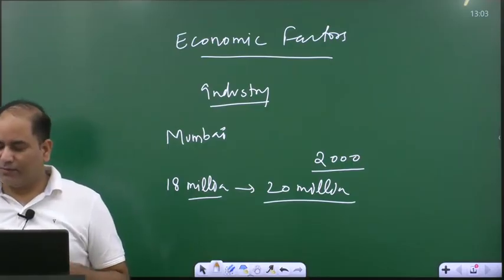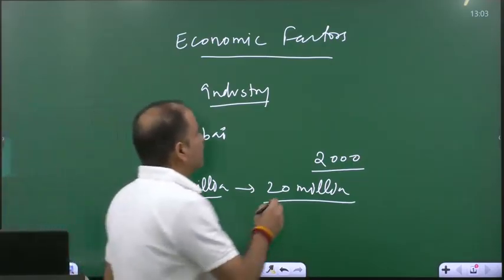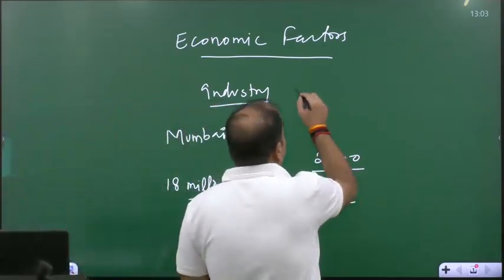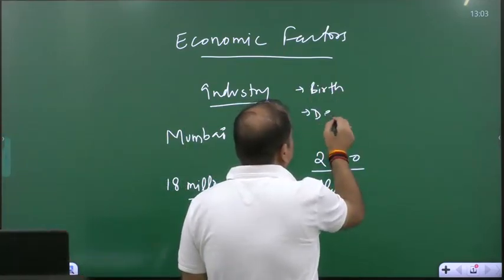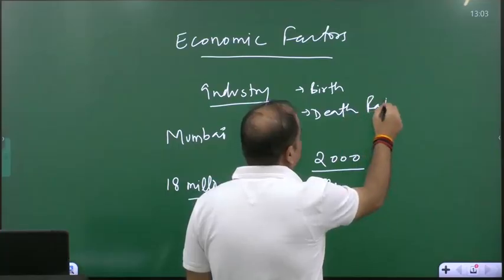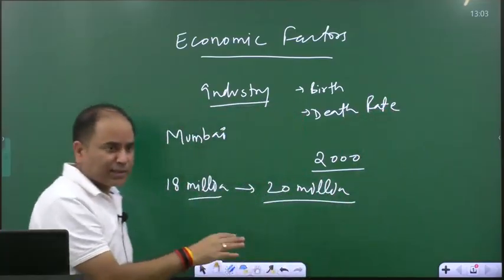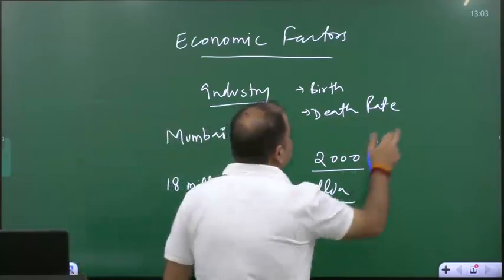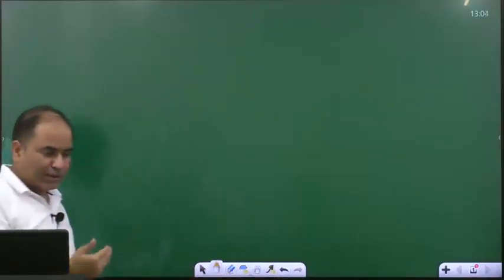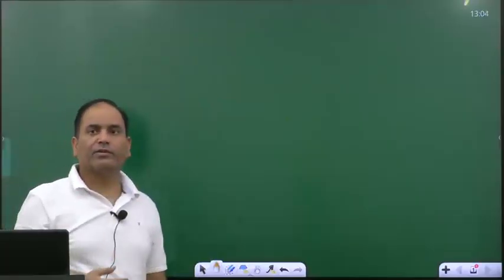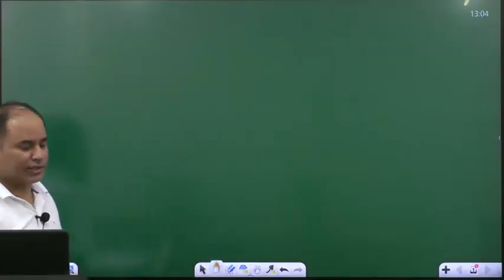So the demographic factor is more or less all the demographic factors like birth rate and death rate. Because as far as population is concerned, there are three important factors. The population or demographic factor plays a very important role in population change.